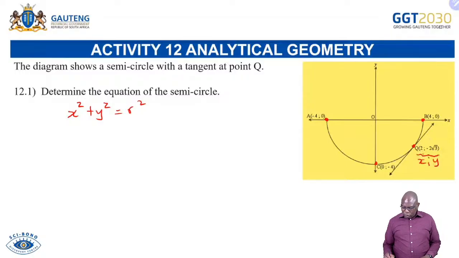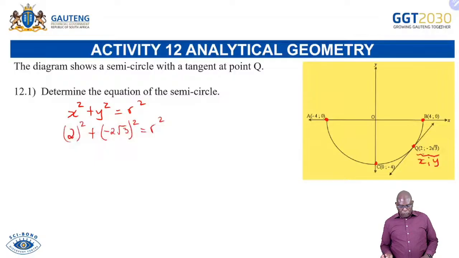Now, at Q, we have got x and y, so my x value is going to be 2 squared. My y value is going to be negative 2 root 3, all squared, equals r squared. Then I'm going to have a 4 plus, 2 squared is 4, 4 times 3 is 12, so I'm going to have a 12.